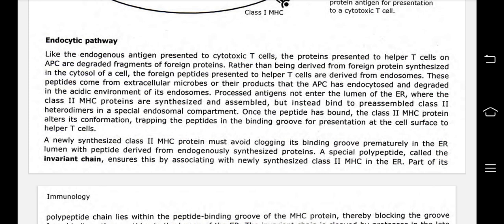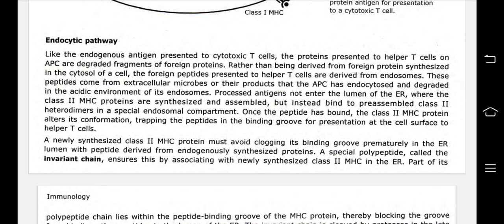These peptides come from extracellular microbes or their products that the APC has endocytosed and degraded in the acidic environment of its endosome. So processed antigens do not enter the lumen of the ER where the class 2 MHC proteins are synthesized and assembled, but instead bind to pre-assembled class 2 heterodimers in a special endosomal compartment.